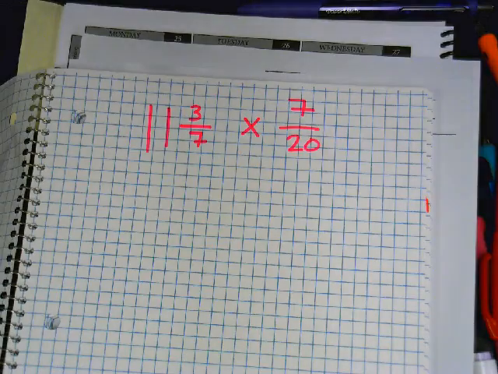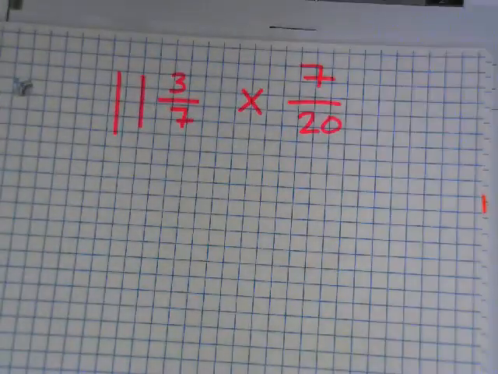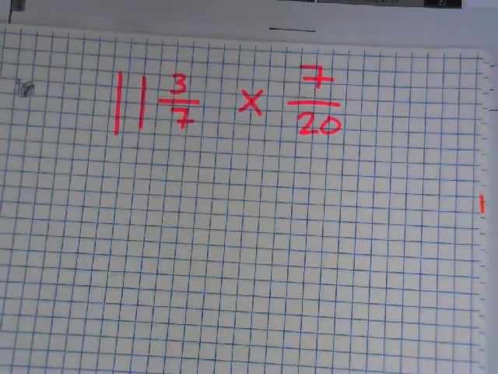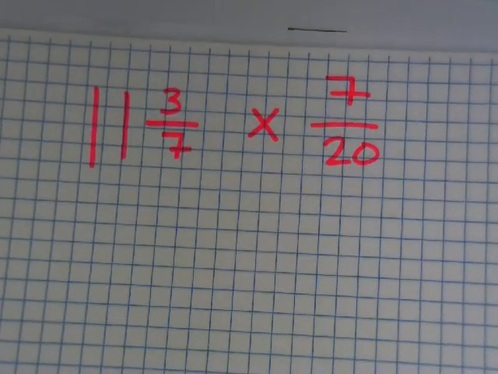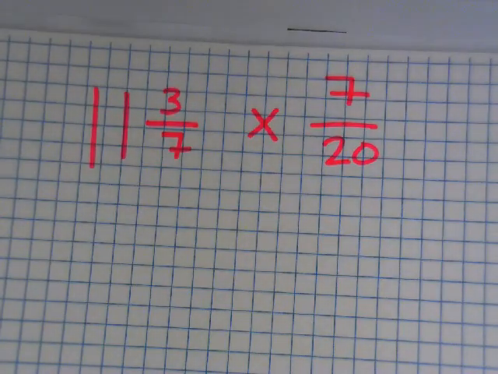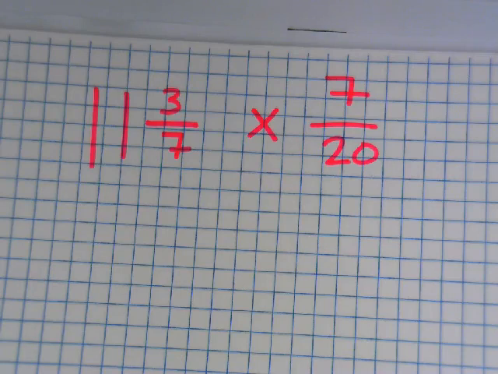Let's see if that works out the way I want it to. Can you turn that into an improper fraction before I do? Good, that's the answer I'm looking for. All right, what's the improper?